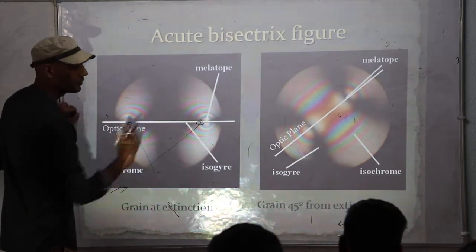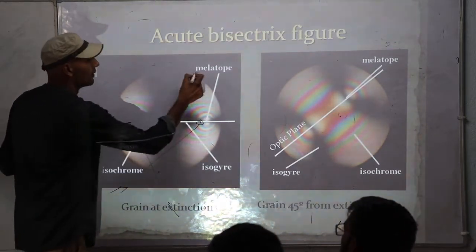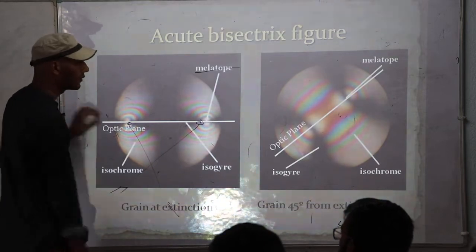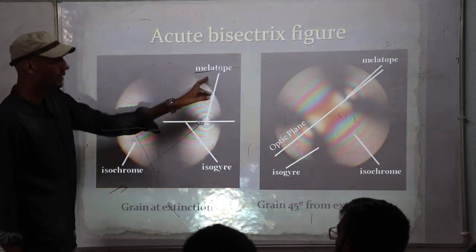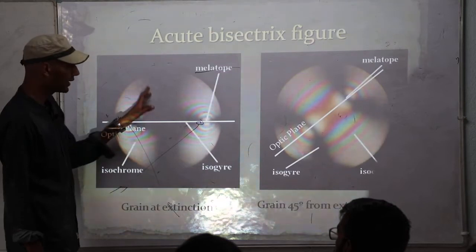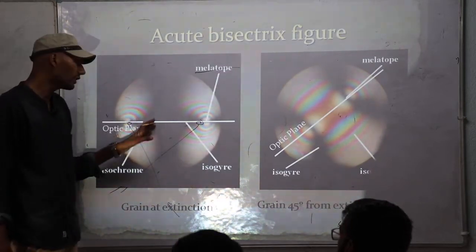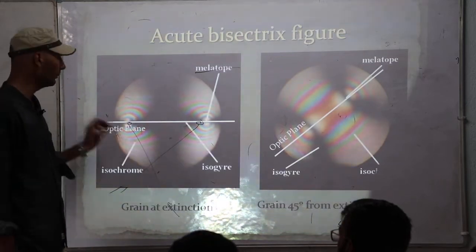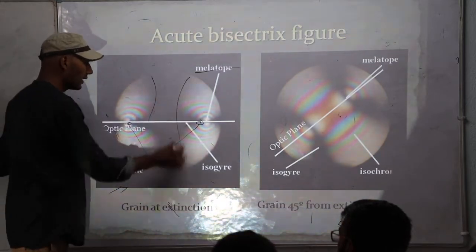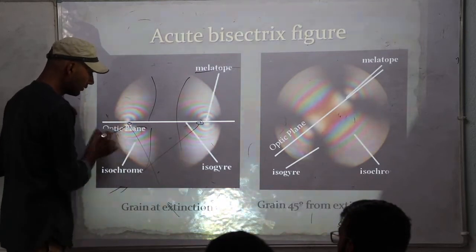They will produce zero retardation here, named as melatope. You can see here, as we have discussed, it is not at the center of crosshair in acute bisectrix figure, and not the intersection of isogyres. Okay. So you can see these are the isogyres.